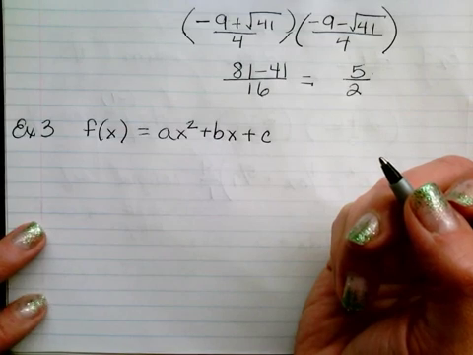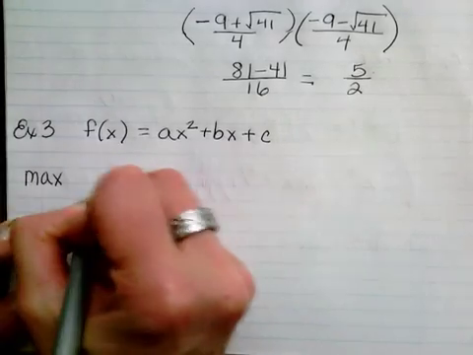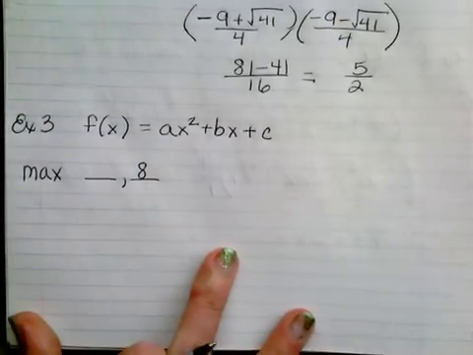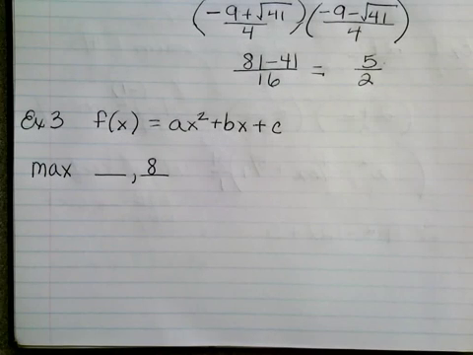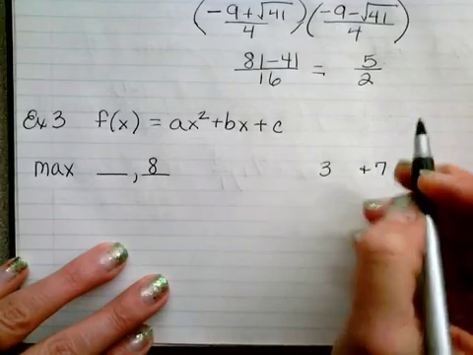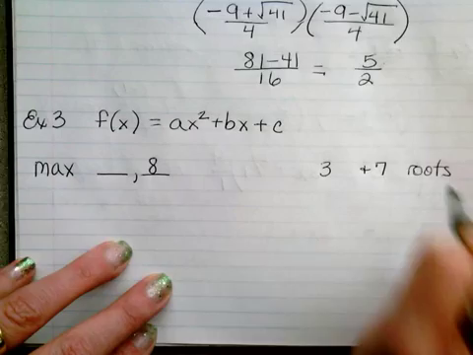If the maximum value of f is 8, the max is going to be the vertex of a parabola. And I'm just going to write that there for you. The max is going to be the vertex of the parabola. I also can tell you that the intercepts 3 and 7, where the parabola hits the x-axis, those are the roots, folks.